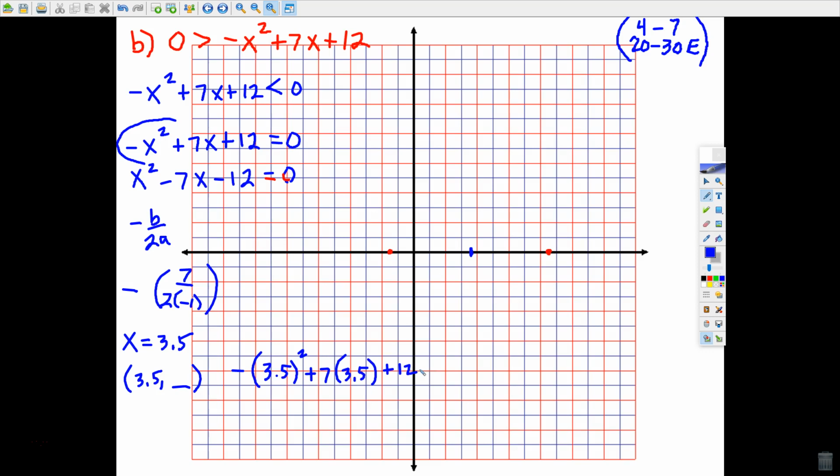So you can literally key into your calculator just like that. And let's see what we get. I got 24.25.